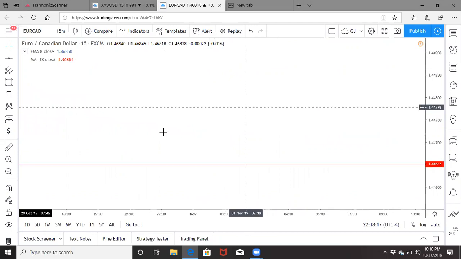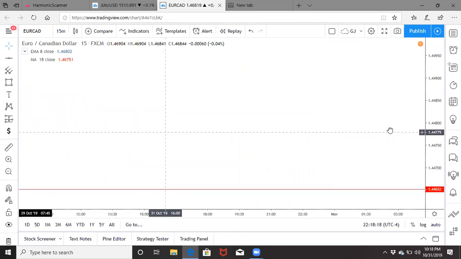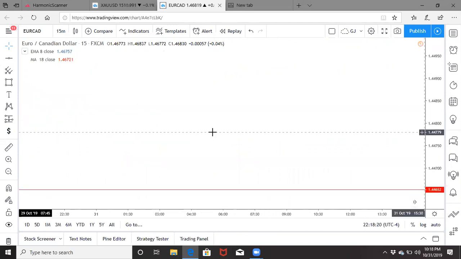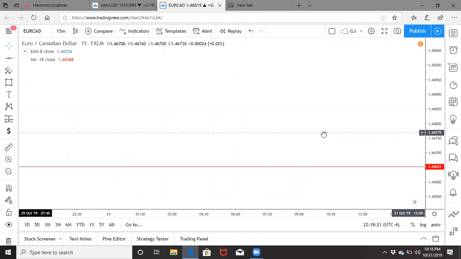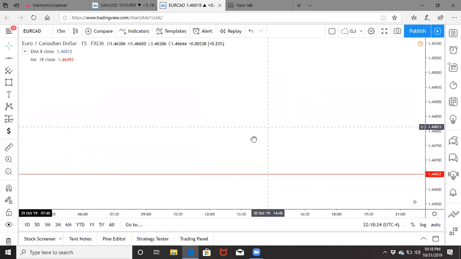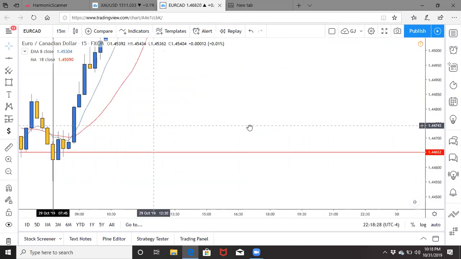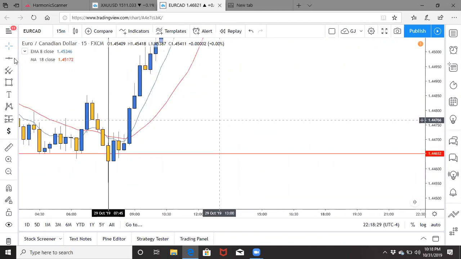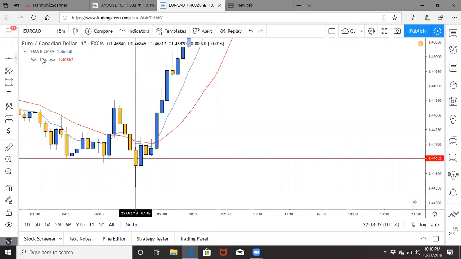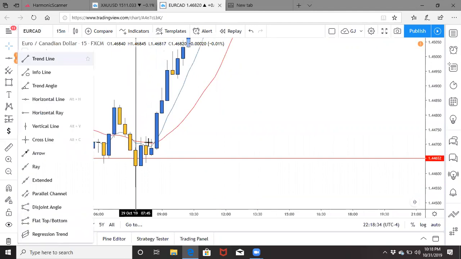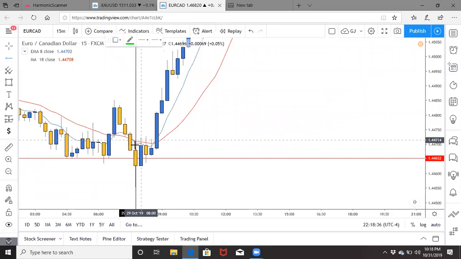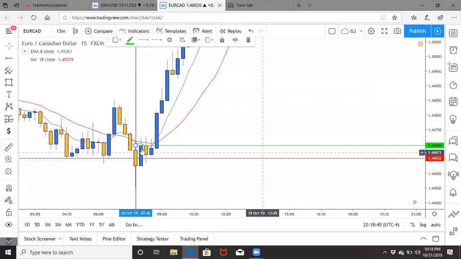This is getting, I feel like I'm lost in a maze right now. All right, so I was gonna mark out potential entries for y'all. You could have entered here. If you were looking at the M15, you could enter right there after that bullish engulfing candle closed, right?